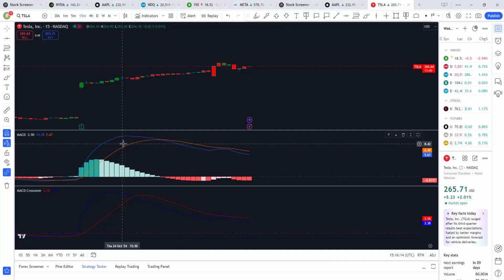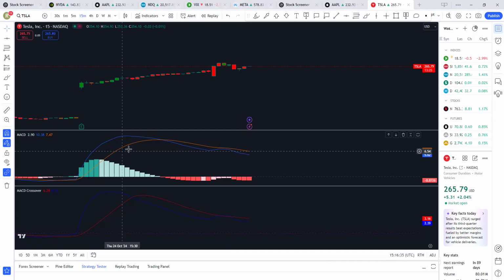And bearish means when the stock is red, whenever the stock is going down. So the MACD line, the blue line, represents the bullish green, meaning the stock is going up, and the orange line represents bearish, meaning the stock is going down.